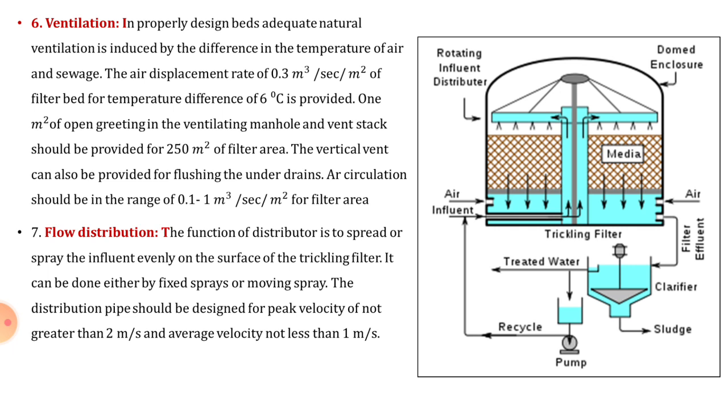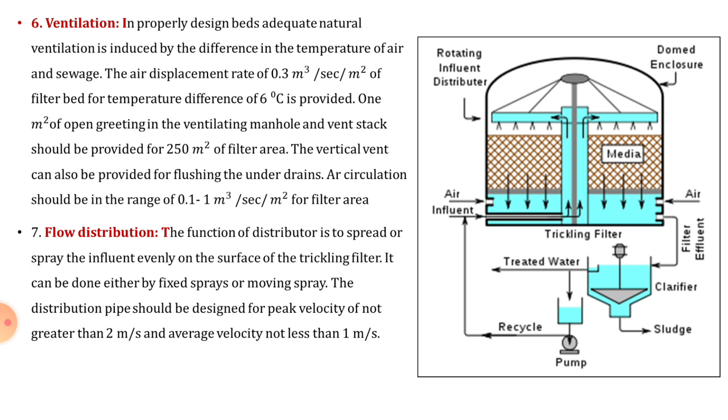Seventh element is ventilation. In a properly designed bed, adequate natural ventilation is induced by the difference in temperature of the air and the sewage. An air displacement rate of 0.3 meter cube per second per meter square of filter bed for a temperature difference of 6 degree is provided. 1 meter square of open grating in the ventilating manhole and vent stack should be provided for 250 meter square of filter area.